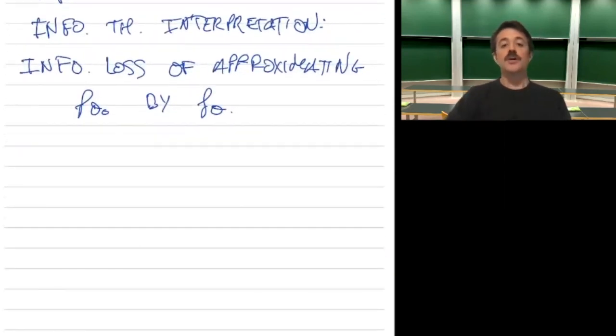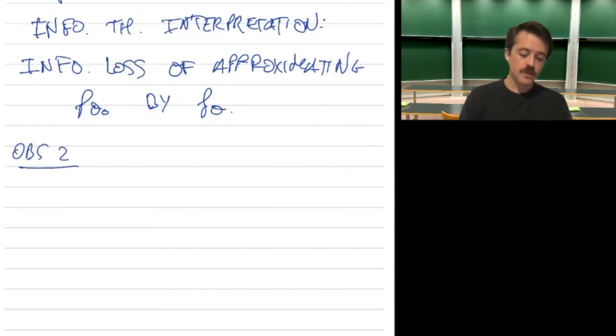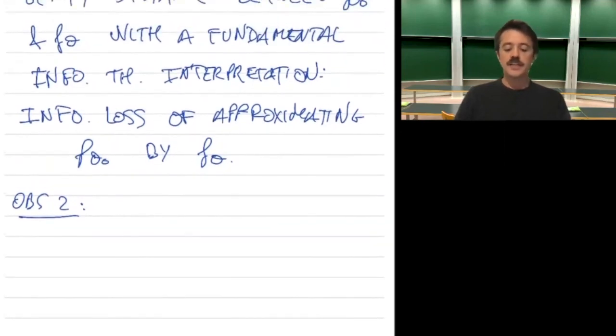Okay, good. So let's now make a second observation. Observation 2. So far, the way we were computing the MLE was through derivatives, right?